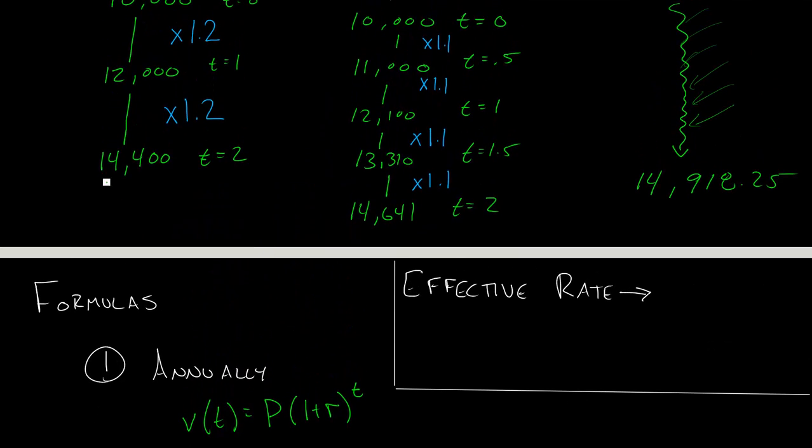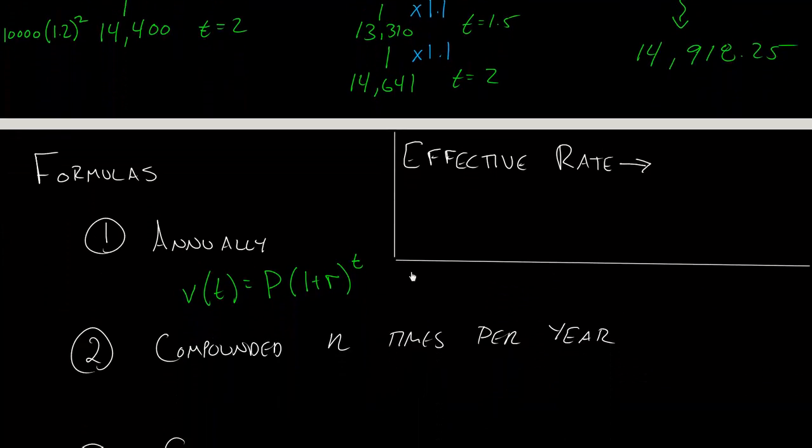Up here, my principal was 10,000, and my rate was 20%, so this would be times 1.2, 1 plus 0.2, and that would be to the power of 1, and that's going to give you 12,000. Similarly, I could get 14,400 by multiplying this by 1.2 again, which would increase the exponent just according to this formula, right? Principal times 1 plus rate, all to the power of time, which is 2.